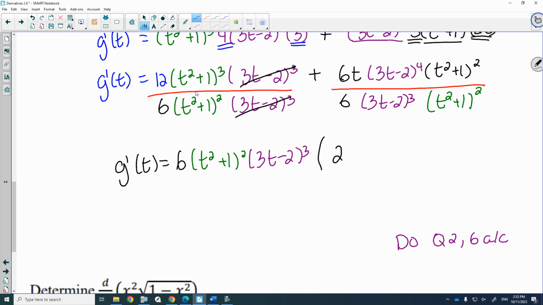But because it's a binomial and I've got a 2 in front, make sure you put that t squared plus 1 in a bracket. So what I'd be left with is t squared plus 1 to the power of 1, but I really don't need that invisible 1. Okay, so just t squared plus 1. Then I've got a plus. 6 over 6 will cancel. I've got a t that I'm going to bring down. This will cancel. And what would I be left with when I do this subtraction? I'd be left with a 3t minus 2.